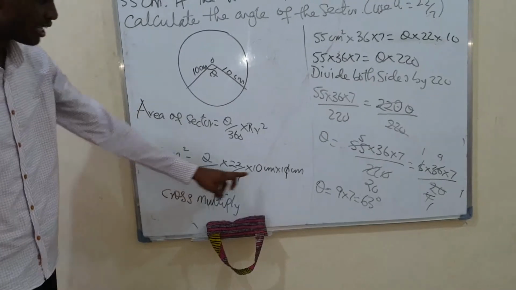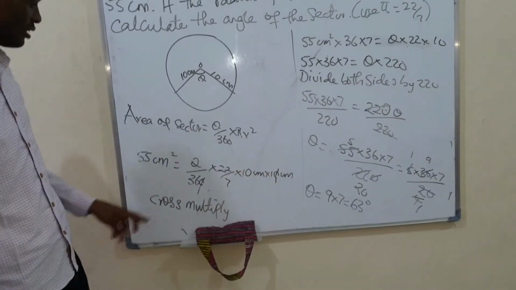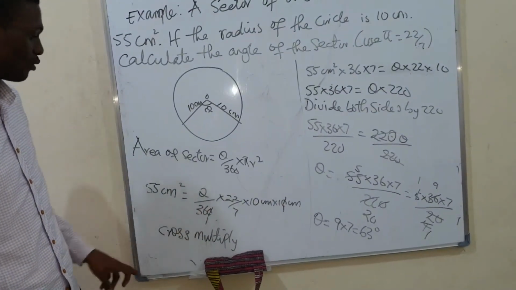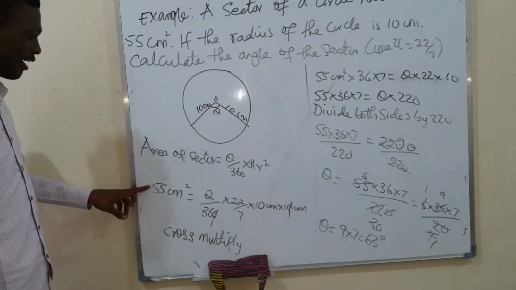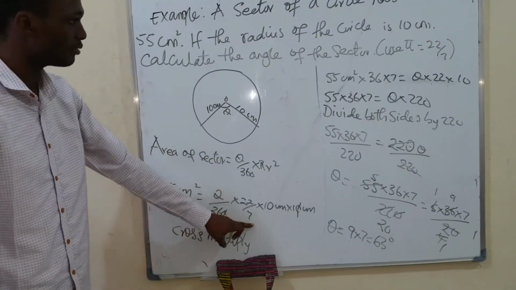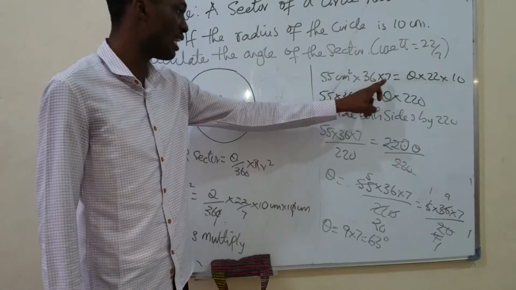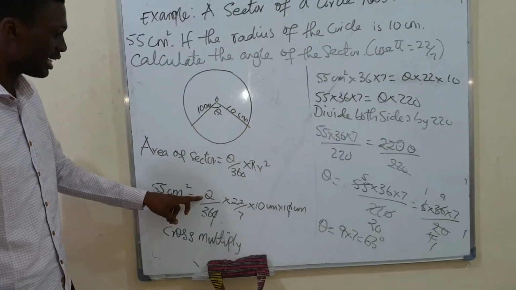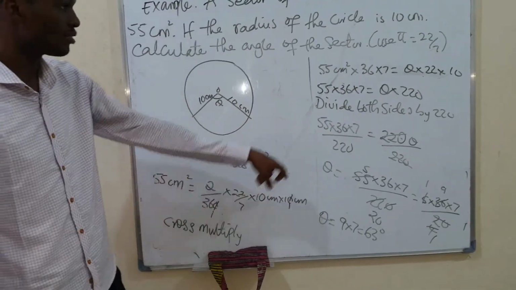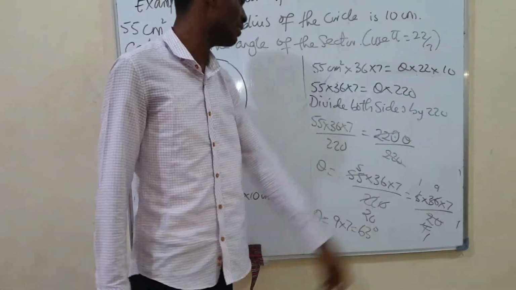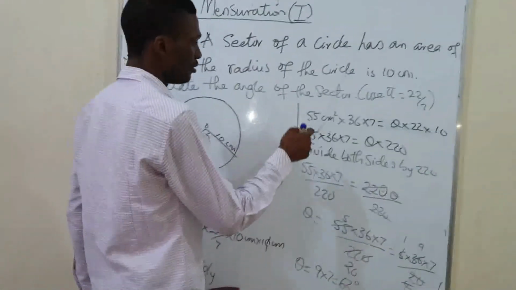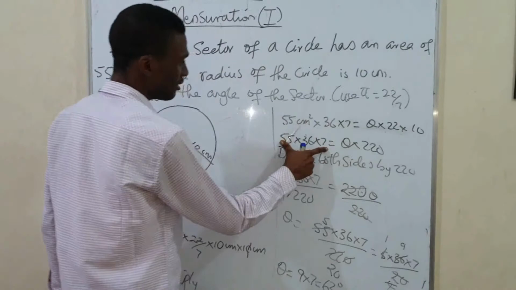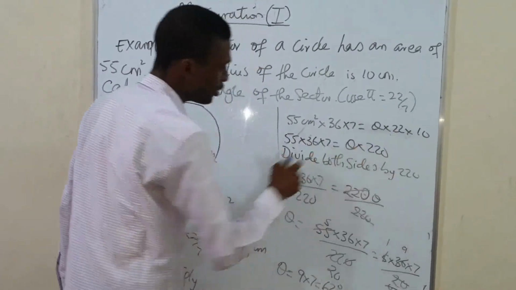Okay, now 0 will cancel 0. What we have left is 36 here. We cross multiply. 55 times 36 times 7 equals theta times 22 times 10. 22 times 10 is 220.